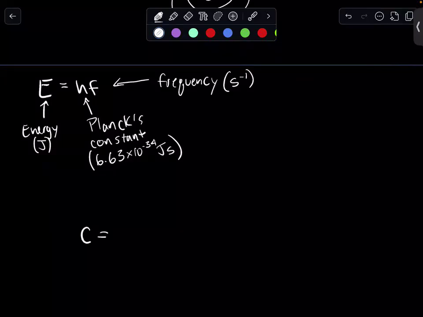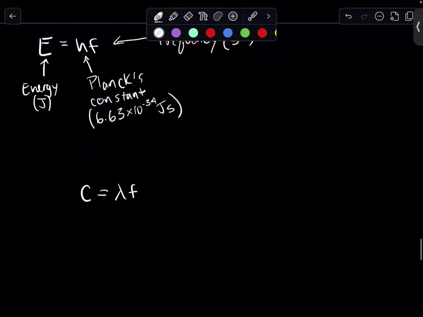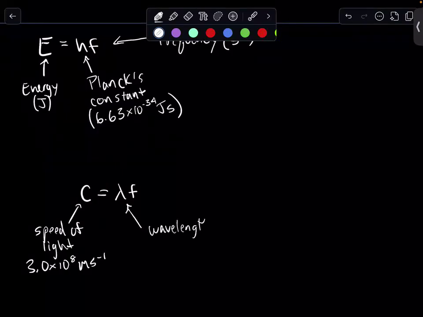Our other equation is c equals lambda f. We covered this one a little earlier, but c is our speed of light. This is a constant as well. It's 3.0 times 10 to the 8th meters seconds to the negative 1. And then we have lambda, which is our wavelength of light, which is measured in meters.